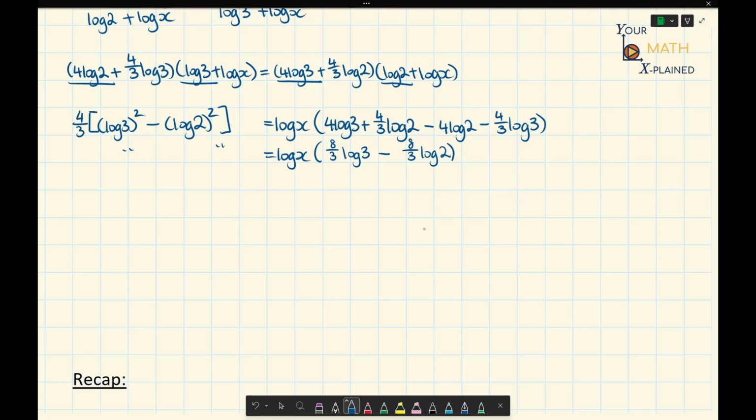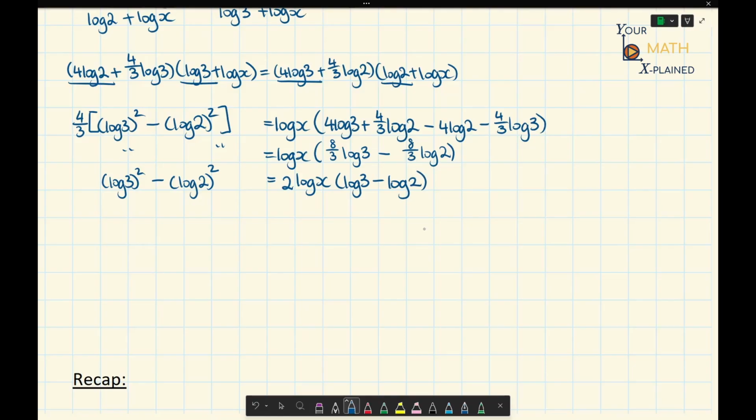And notice how on the right-hand side, we can actually factor out 8 over 3. So if we did that and then multiplied both sides by 3 over 4, what's going to happen is on the left-hand side, we will have just log 3 squared minus log 2 squared. And then on the right-hand side, we're going to have a 2 in the front times log x and then times log 3 minus log 2.